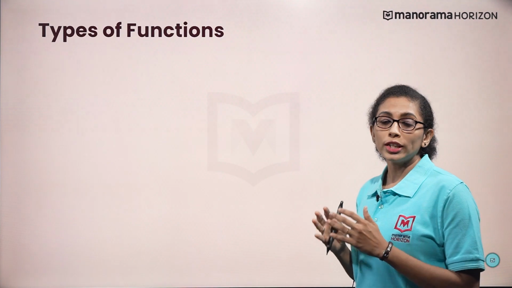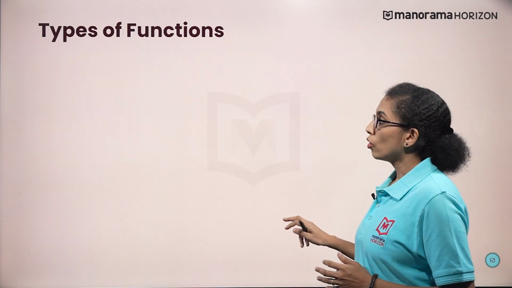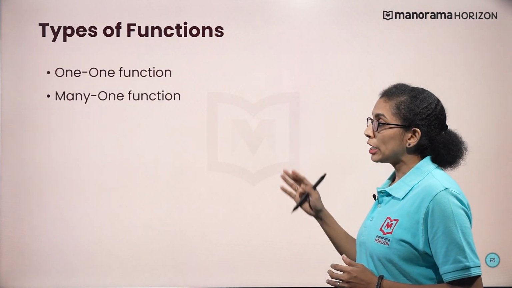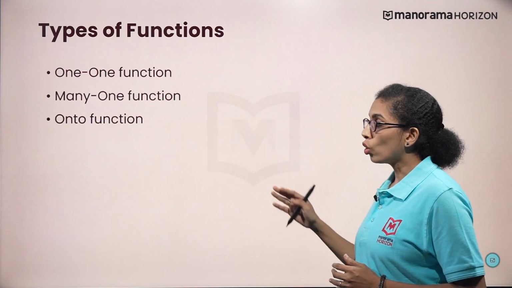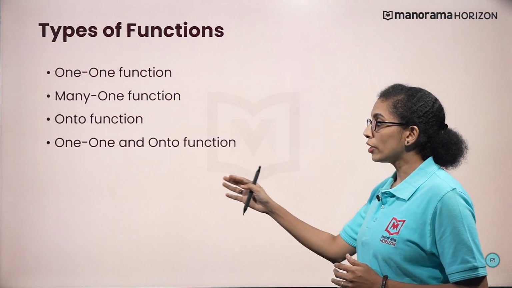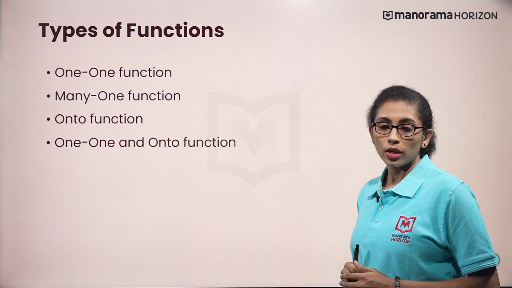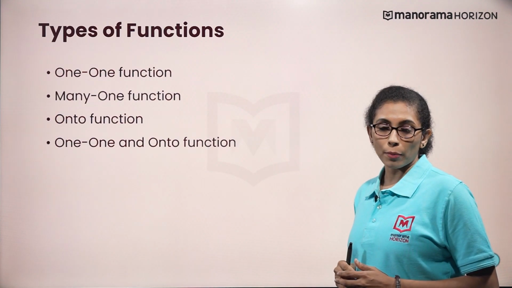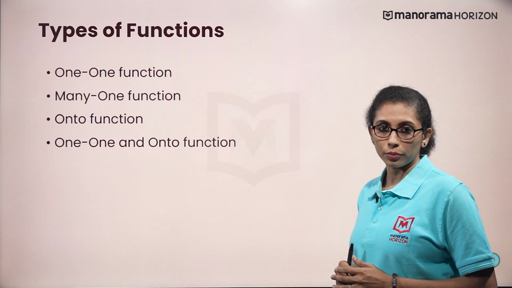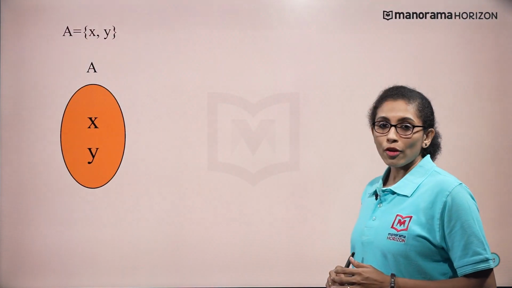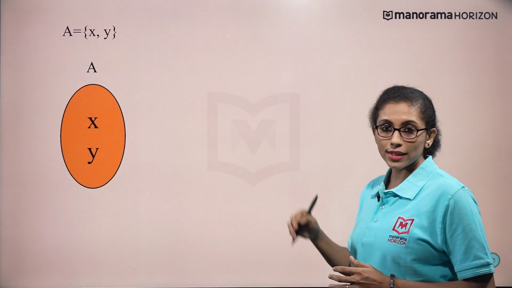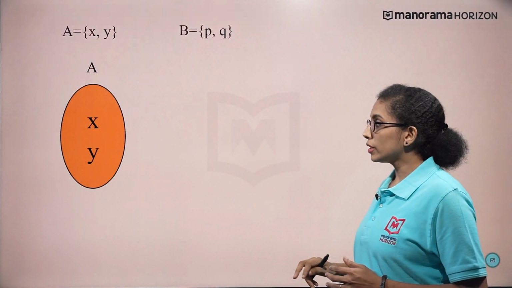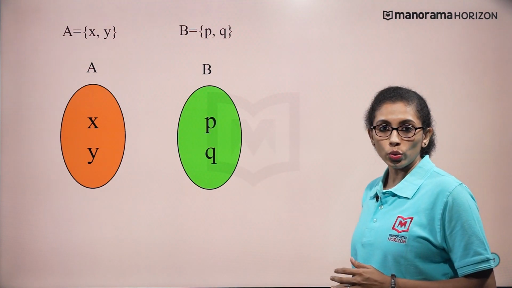There are four types of functions: one-one function, many-one function, onto function, one-one and onto function. Let's look at the first type of mapping, which is one-to-one mapping. We have set A with elements x and y, set B with elements p and q.